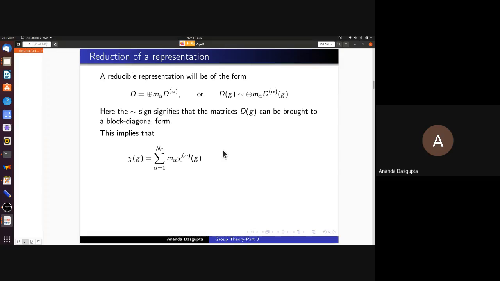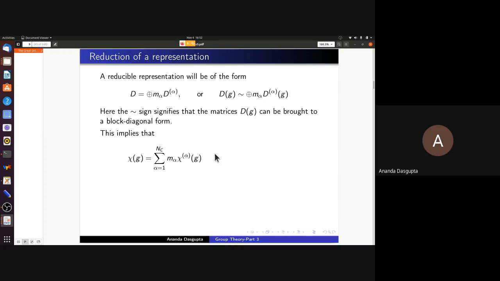Why? Because character, which is a trace, does not change with the similarity transformation. So whether you do the similarity transformation or not, whether you have the block diagonal form or not, chi_g will always be this sum.